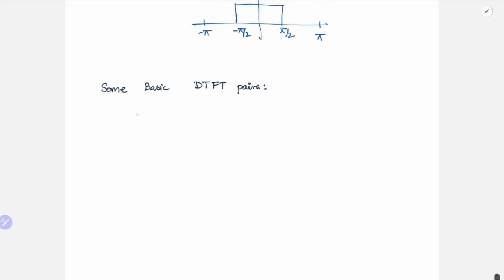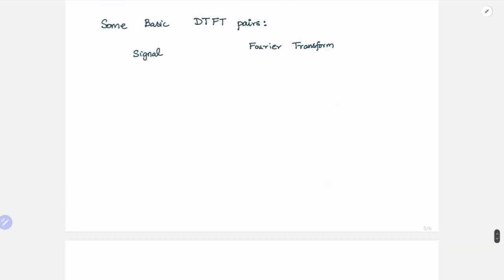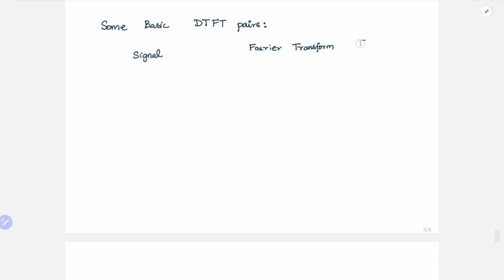So let us take our signal, our Fourier transform, and if it is a periodic signal, we'll also see the Fourier series coefficients.